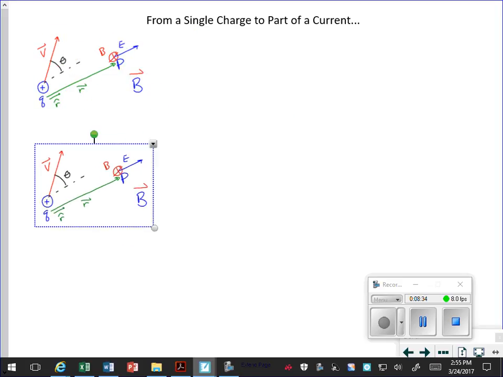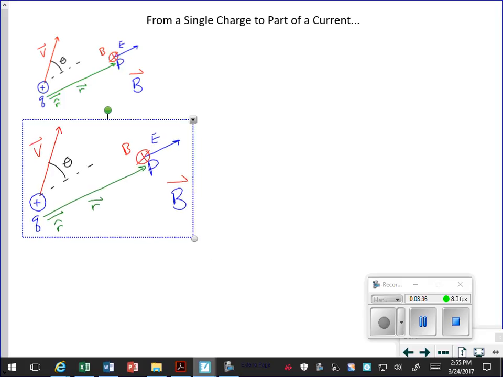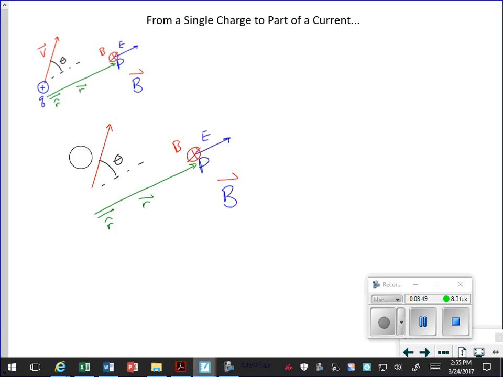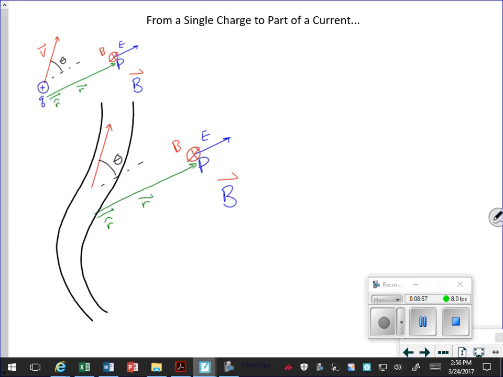What if this is not a single charge moving at a speed v, but a wire that's carrying a current that at that location happens to be in that direction?